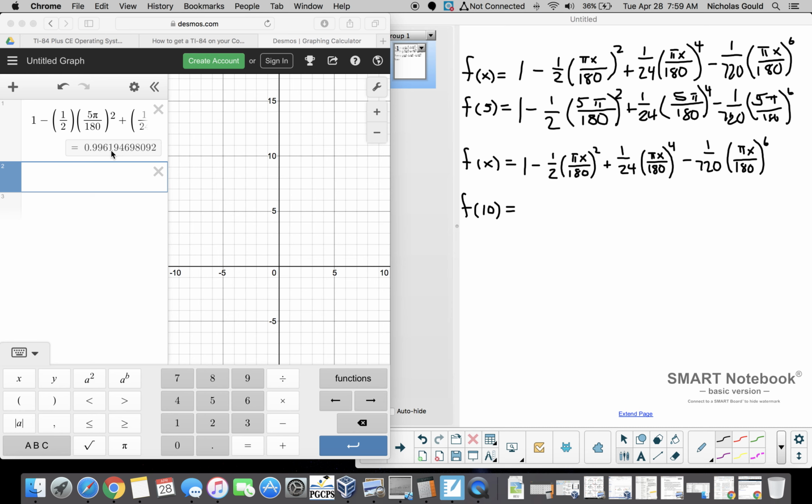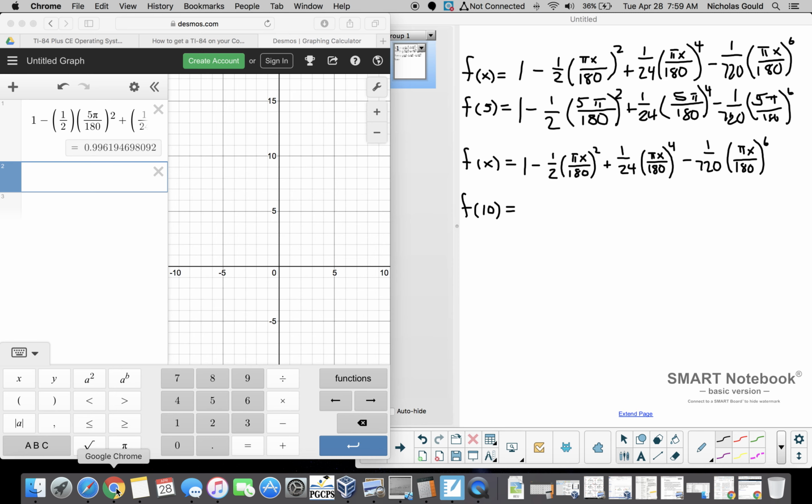For this particular problem, I'm going to round with this number, right? So I'm going to take this number. If it's 5 or more, I raise it up. If it's 4 or less, I let it rest. So that 1 is going to turn into a 2. And so when I put my answer into that problem, I'm going to put 0.9962, and that will give me the correct answer.